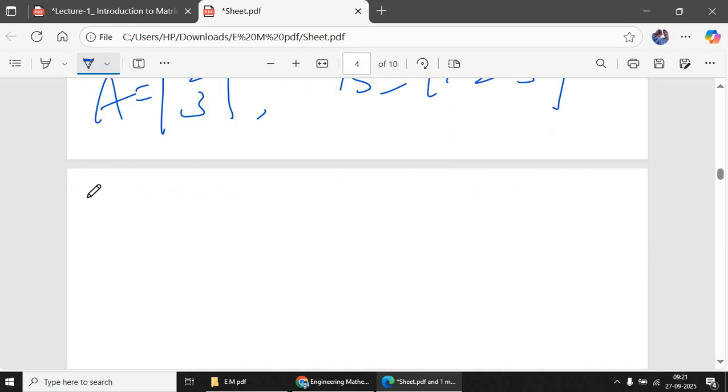Similarly, there are so many matrix forms. Square, rectangular, row and column are done. Coming to what other forms exist, for example, diagonal matrix. A diagonal matrix is nothing but only diagonal elements will be there, and the rest of the things will be 0.